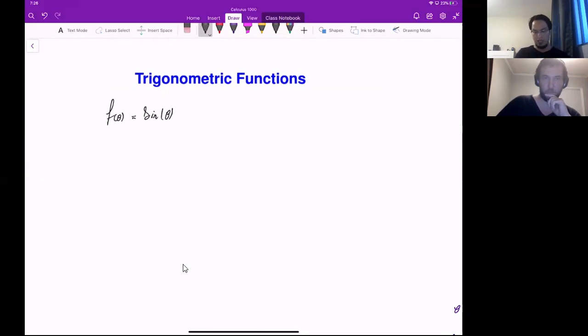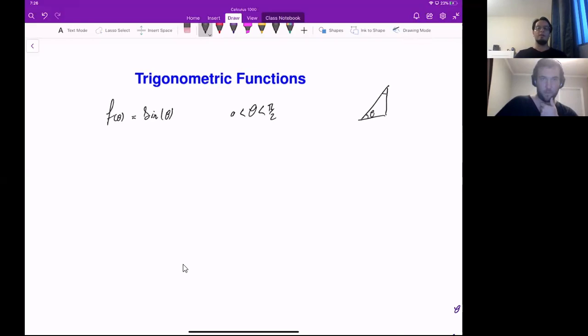That's a function. But so far, since we have defined everything in terms of triangles, remember a right triangle, an angle here, theta, can only be an angle which is less than pi over 2 and bigger than 0.